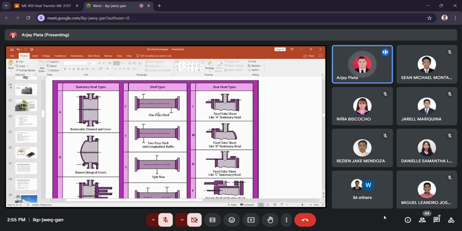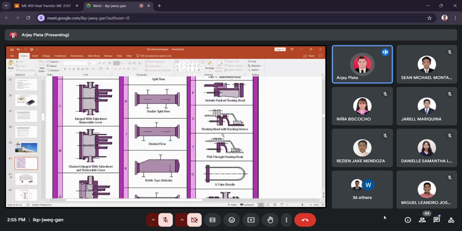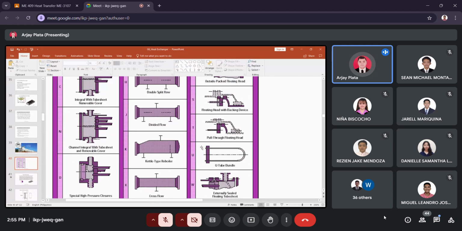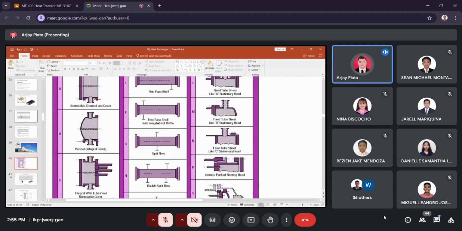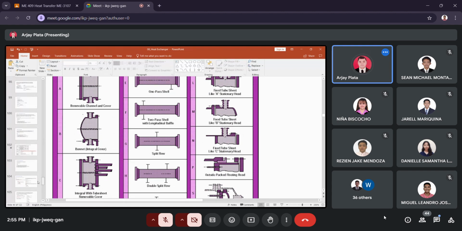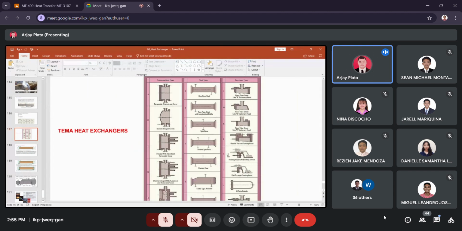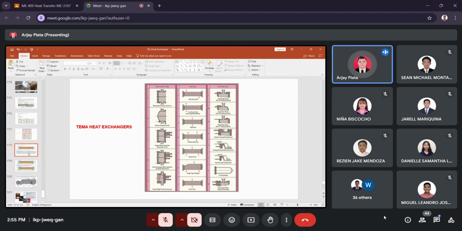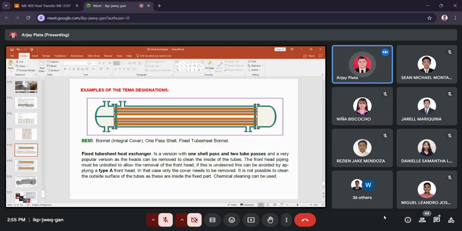with one pass shell with a U-tube bundle. So AEU. We have here some examples. So TEMA heat exchanger examples are BEM, for example. We have a bonnet integral cover, one pass shell, and fixed tube sheet. So it's a combination of the stationary head, the shell, and the rear head.